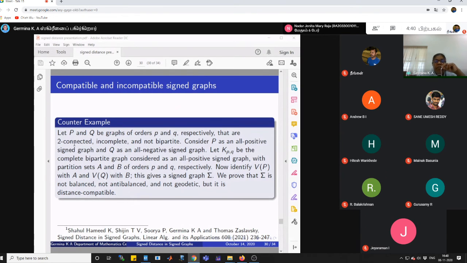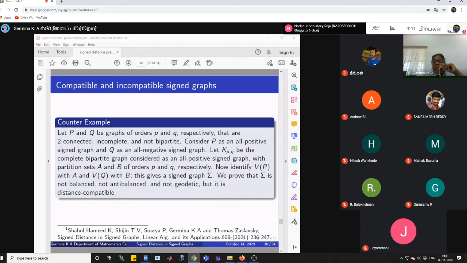So actually we have a construction for that. Let P and Q be graphs of orders p and q respectively that are two connected, incomplete and not bipartite. Consider P as an all positive signed graph and Q as an all negative signed graph. Now let K_{p,q} be the complete bipartite graph considered as an all positive signed graph with the partition sets A and B of orders p and q respectively.